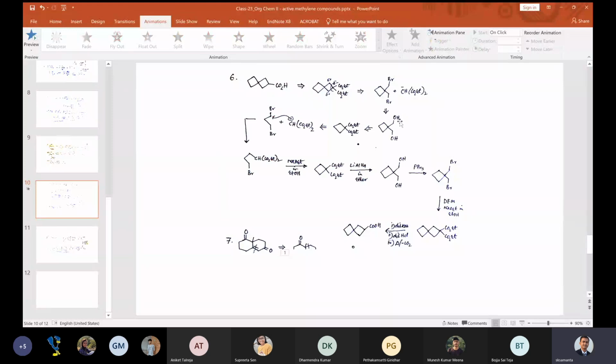This CH2OH can come from CO2Et, CO2Et, because if you reduce it with lithium aluminum hydride, they will form this CH2OH, CH2OH. This one again forms something like this, so you can cut here and form 1,3-dibromopropane, correct?